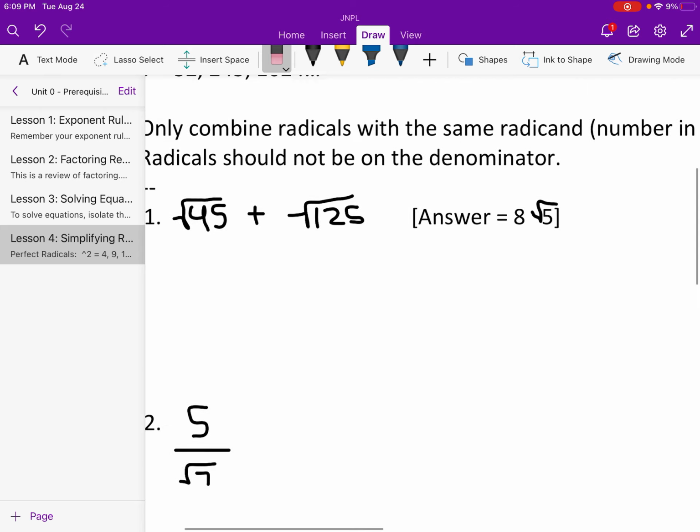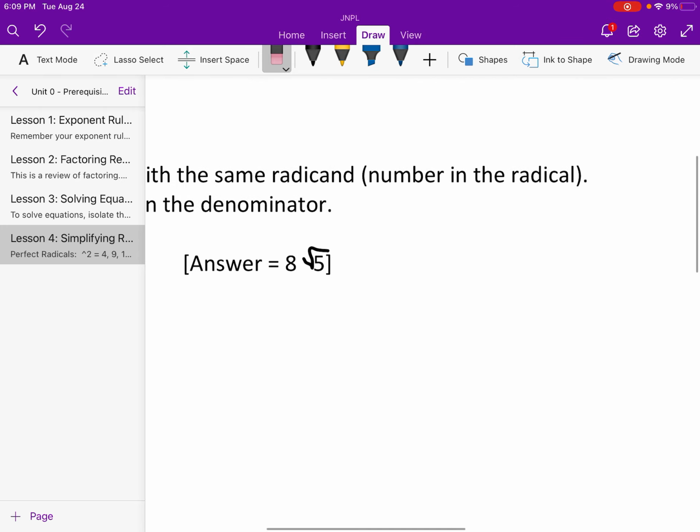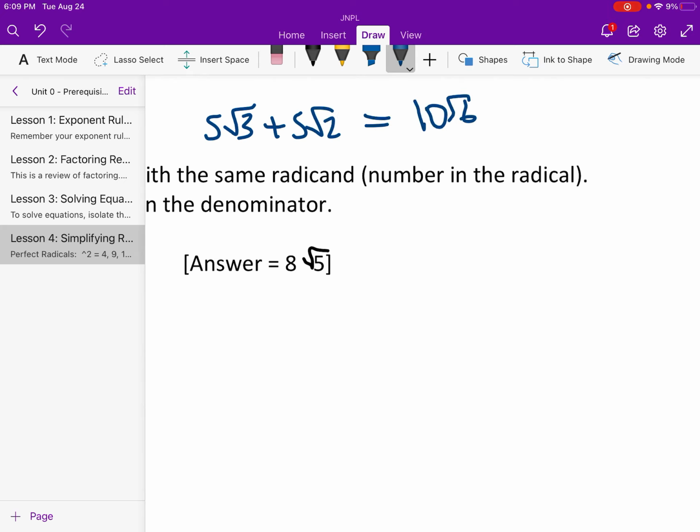Only combine radicals with the same radicand, so the number inside the radicals. So for example, if you had something like this, do not do this. That's not something you can do because you can only do that if this is the same number. Or if you did 10 root 5.